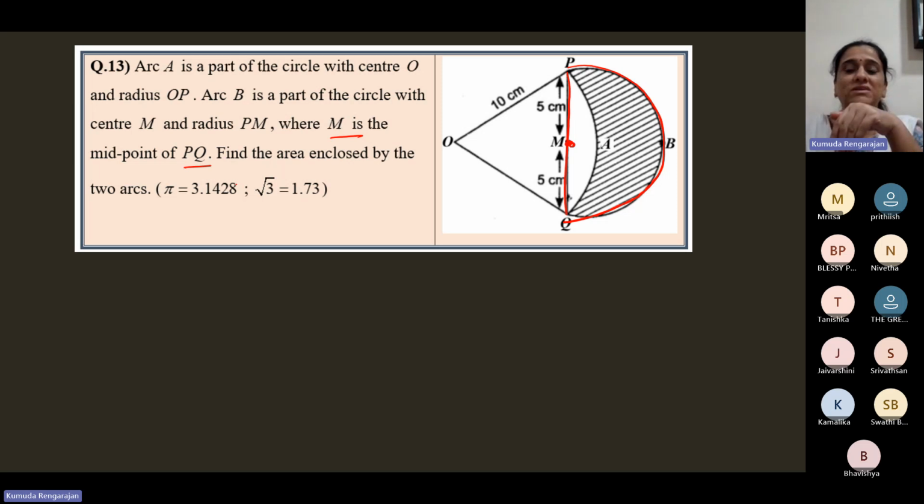That means PQ is a diameter, so this arc is a semicircle. This one is not a semicircle. See, this is a semicircle because M is the center, and M is the midpoint of PQ. The center M lies on the line segment PQ. That means PQ is the diameter, so this is the semicircle.